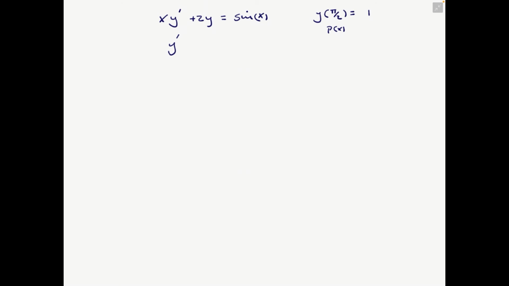So p of x, okay, now we're going to divide through by x. So we've got y prime plus 2 over x y equals sine x over x.